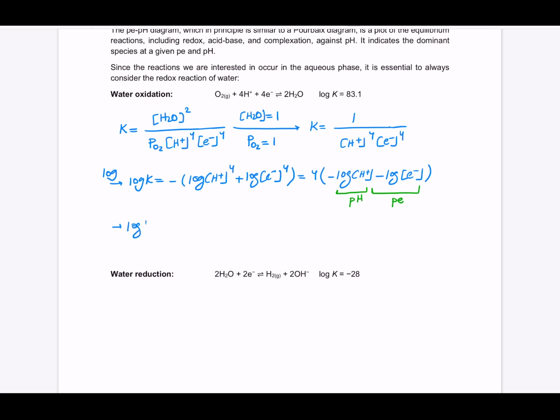So then we can say log of K would be 4 times pH plus pe, and then considering log of K to be equal to 83.1, we get to this line, pe equal to 20.8 minus the pH.